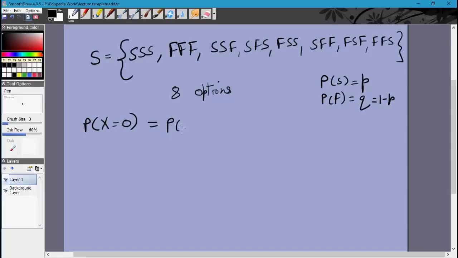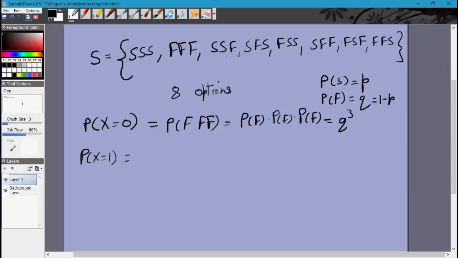So it is the probability that you have F, F and F, and that is the probability that you have F multiplied by the probability that you have F multiplied by the probability that you have F, and that turns out to be q cubed. So if q is the probability of a failure in any one trial, then the probability that you have no success is q cubed.